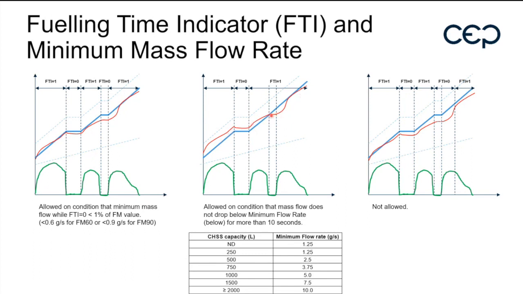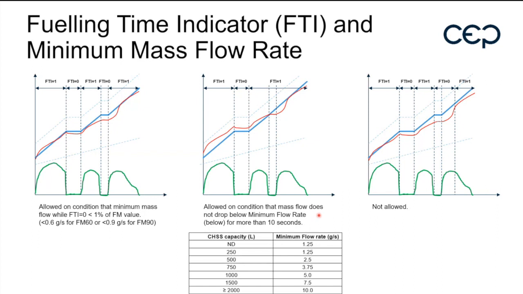And here you have a momentary pause during the fueling, but you are allowed to keep the ramp rate going up. So to keep FTI as 1, that is allowed. The red line is the dispenser pressure. You can see there is a small pause, but you can still consider it as going continuously up.